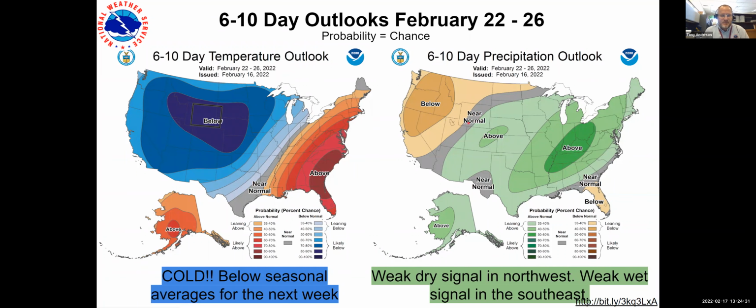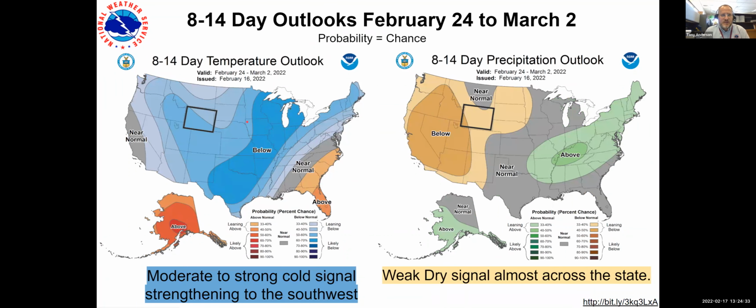Next slide. Looking a little further out into the 8 to 14 day outlook, we expect some relief from the cold, but we still expect to be below seasonal norms. We also introduce a weak below average signal for precipitation during this time frame. Go ahead.